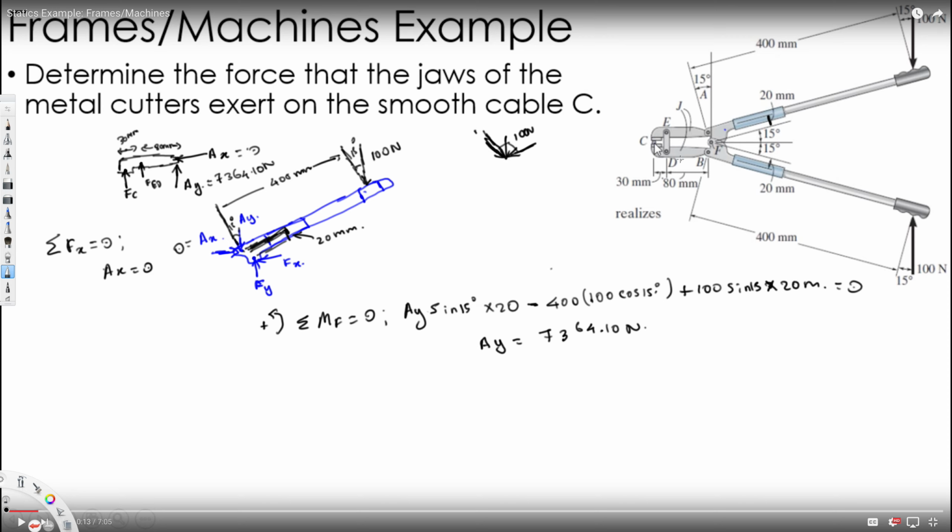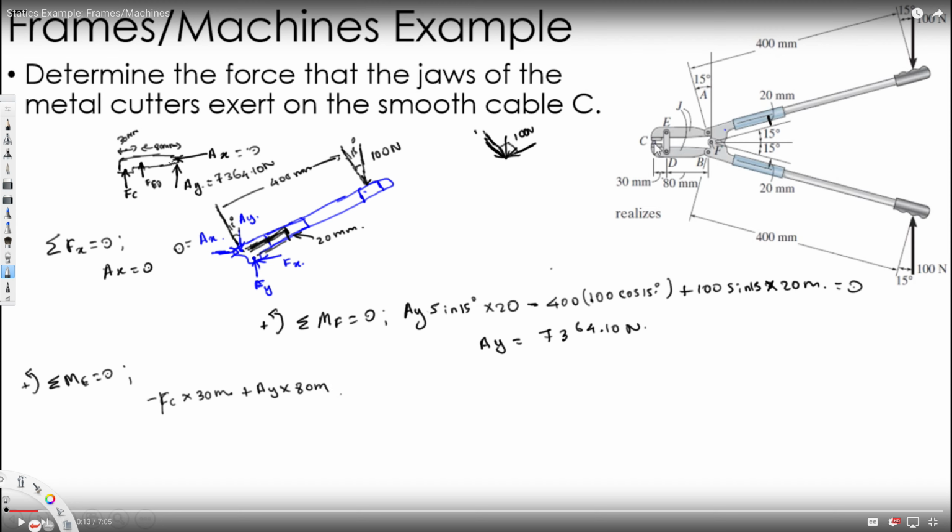So this is E, right? If I take moment around E, it's 0 in statics, and if I take counterclockwise positive, Fc is pulling this object clockwise, so it's minus Fc times the distance of 30 millimeter, and here we have Ay pushing this object counterclockwise, therefore positive Ay times 80 millimeter.